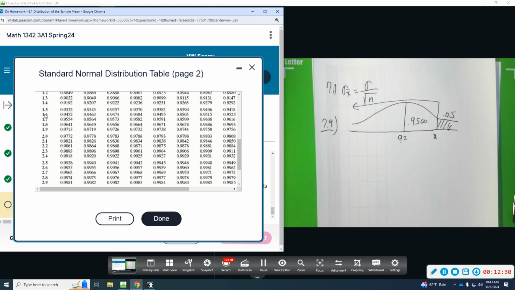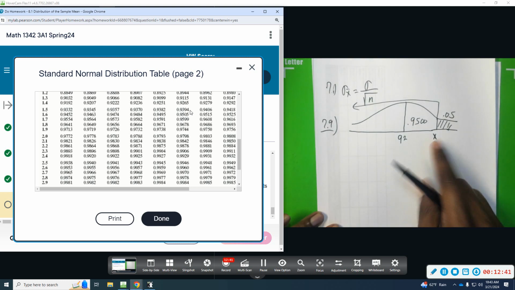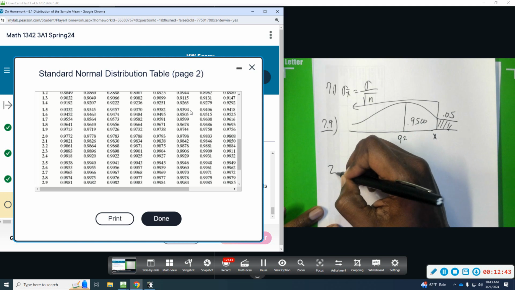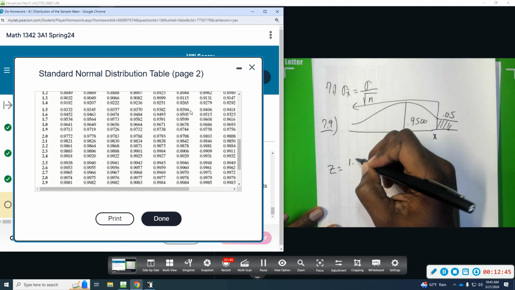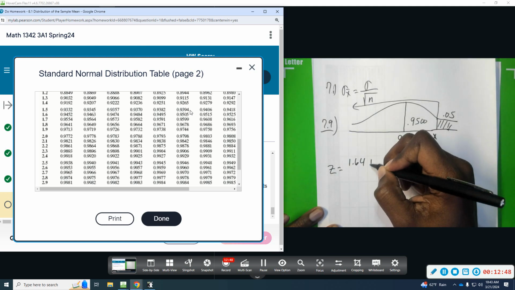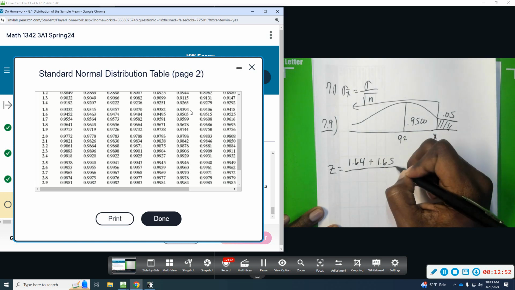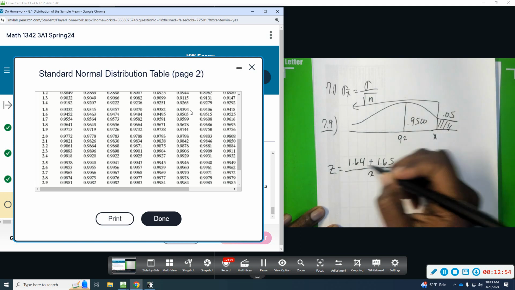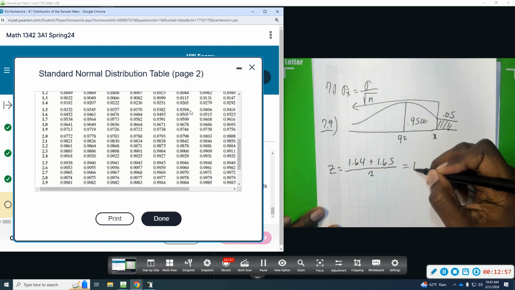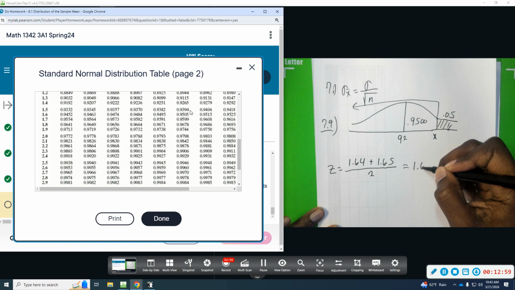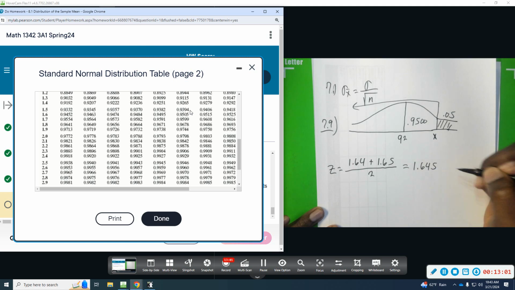So this is 1.6, 1.60, 1, 2, 3, 4, and 5. 1.64, 1.65. Okay, so this z value is 1.64 and 1.65. It's going to be halfway between those two. So if I add these and divide by 2, we get 1.645.